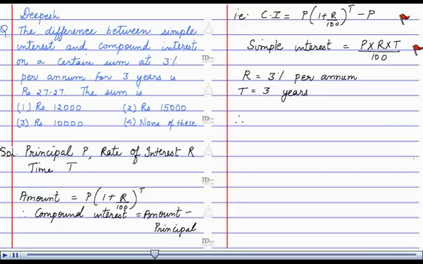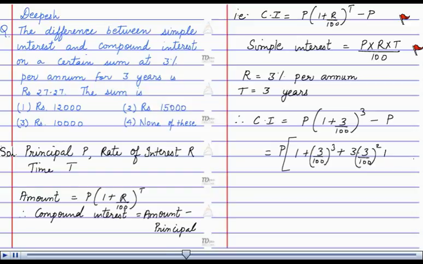Therefore, compound interest will be P into 1 plus 3 upon 100 whole cube minus P, that is P into 1 plus 3 upon 100 the whole cube plus 3 into 3 upon 100 the whole square plus 3 into 3 upon 100 minus P, which is P into 3 upon 100 the whole cube plus 3 into 3 upon 100 the whole square plus 3 into 3 upon 100.